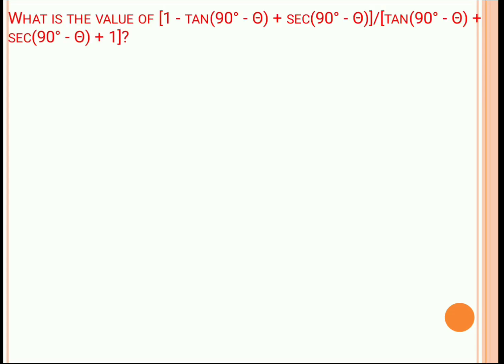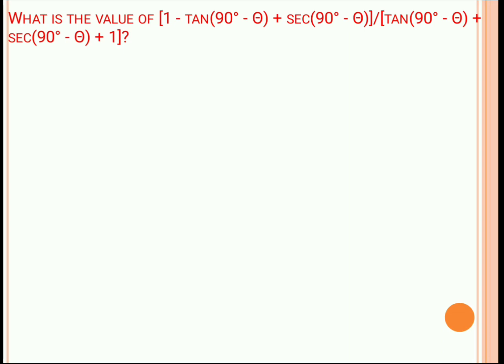Next problem. What is the value of (1 minus tan(90 minus theta) plus sec(90 minus theta)) upon (tan(90 minus theta) plus sec(90 minus theta) plus 1)? Now there are two approaches to solve such kind of problem. Whenever you encounter such a problem, the first way is to assume the angle theta.